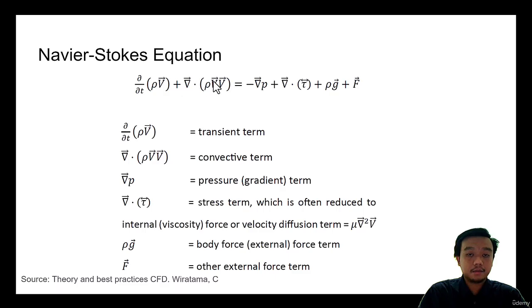The second term is the convective term, which describes the whole convective flow. This is the pressure term or gradient term, because it is basically the gradient of the pressure. Then the stress term, which is used to calculate the viscosity. We also have the body force or external force, which is gravity, and other external forces, say if we are dealing with a porous region or an electromagnetic field and anything like that.